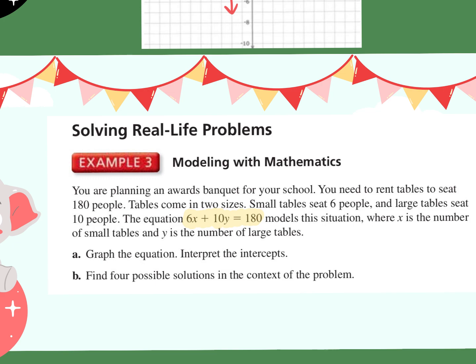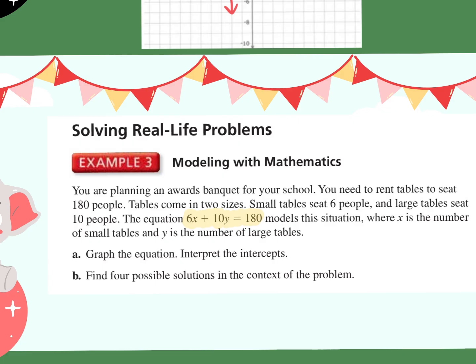It says 6 what? For which one? What kind of table? No, it says small table seats 6 people. So x is going to represent the small tables. Thank you. 6 people per small table. What is the y going to represent?